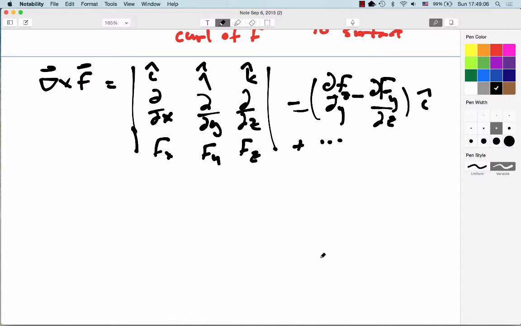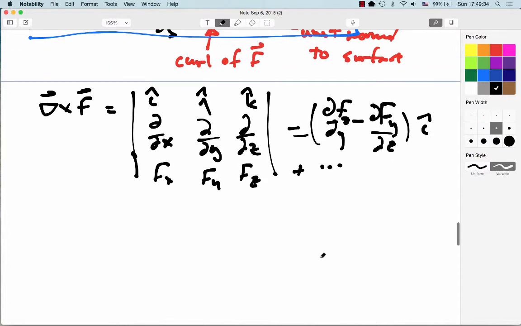Okay, so how do I go about interpreting this curl? Well, other symbols that you'll find for it: some older texts will call the curl the circulation. And you'll find certain texts, especially in German, rather than writing curl, will write R-O-T.